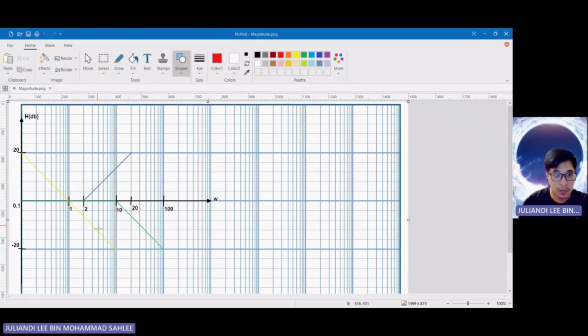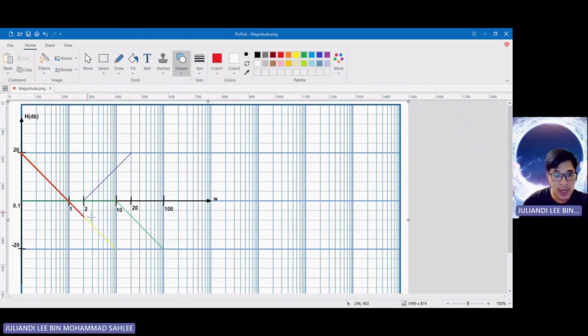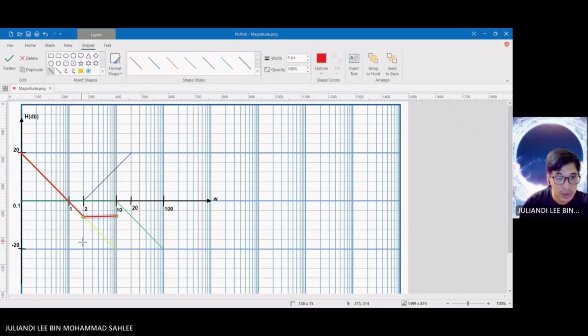Then we intersect with these two parts. From here, on 20, draw a line until it reaches 2. From here, this is a plus 20 and a negative 20, which means they cancel out, so it will be a straight line until 10.